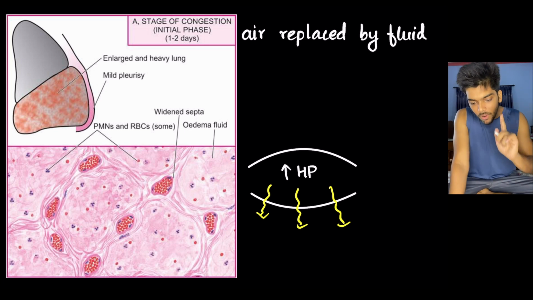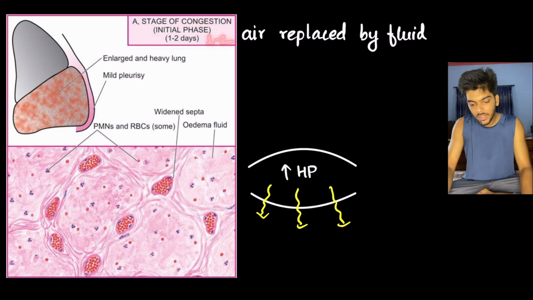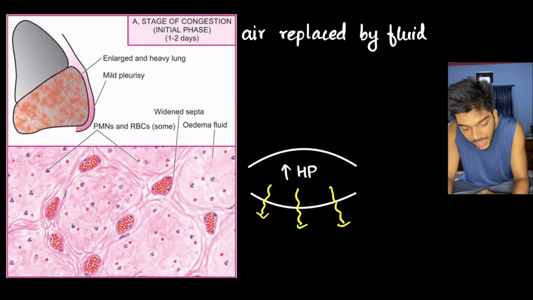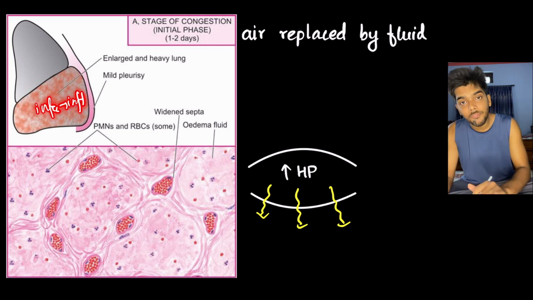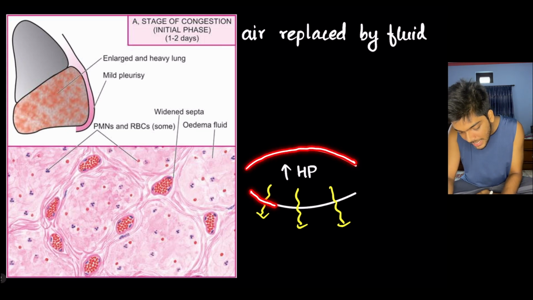So the first step is congestion, lasting from 1 to 2 days. There is infection. Due to infection, there is inflammation. In inflammation, dilation of the blood vessel takes place. As a result, there is an increase in hydrostatic pressure.